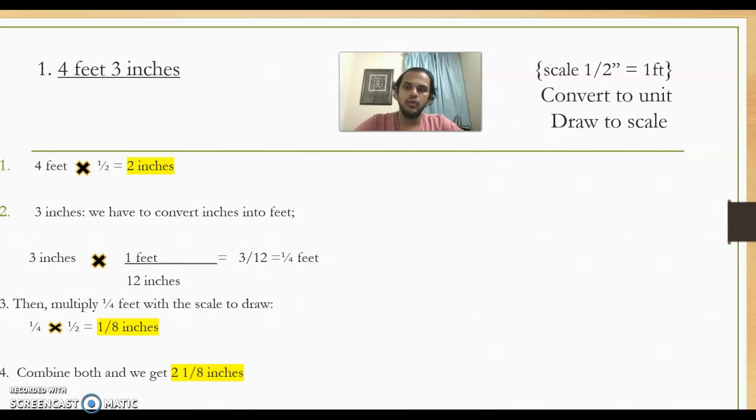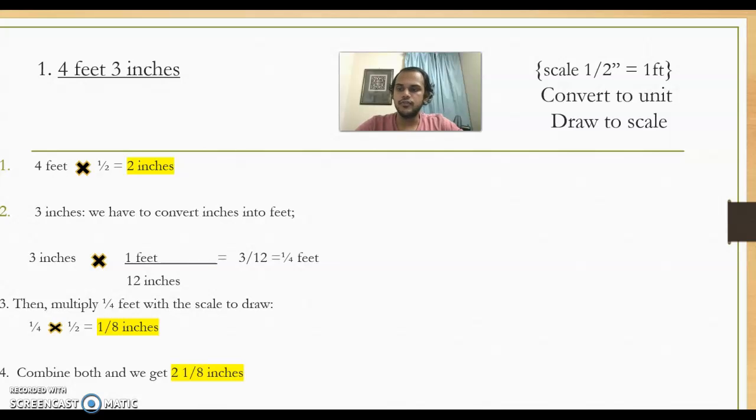When you look at the question that we have, 4 feet 3 inches, and if you take the first part, which is 4 feet, do we need to really convert that into a unit? Because our unit is 1 feet and we already have 4 feet, which means the job is already done. There is no need for us to convert it into a unit. What we need to do now is to multiply it by the scale to be drawn, which is 1 by 2, as you can see in the image on the right.